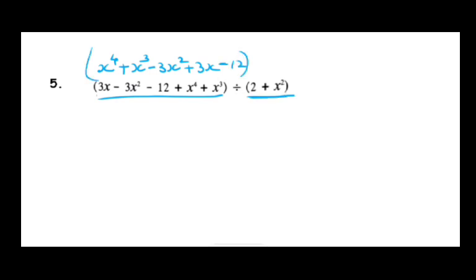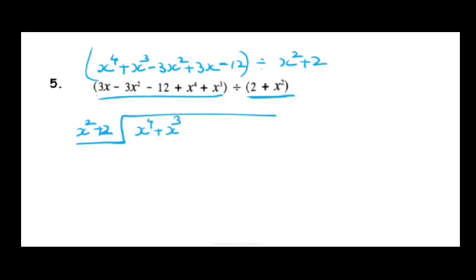This is not rearranged as well, so this needs to be x square and then with no x. Let's write it down. X square plus 2, x raised to 4 plus x raised to 3 minus 3x square plus 3x minus 12.